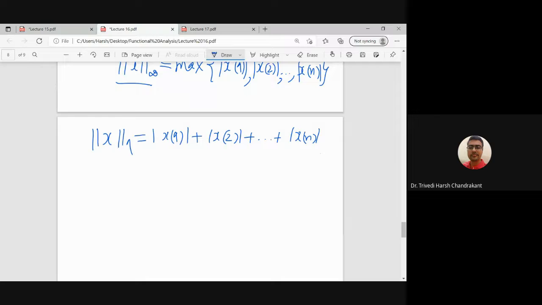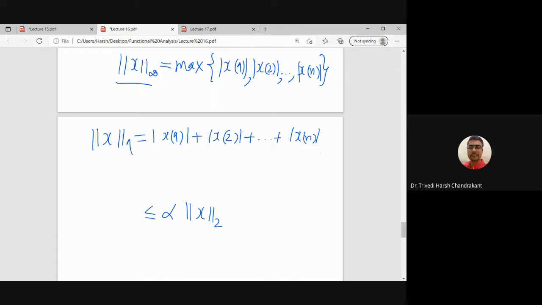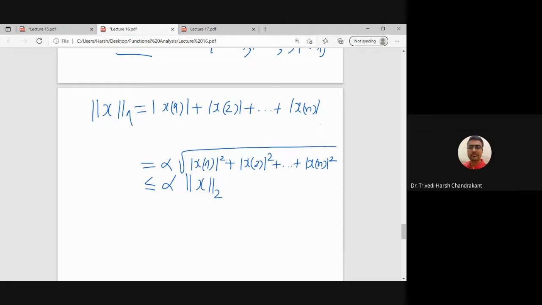The question is, can we find alpha such that this is less than or equal to alpha times the 2 norm? The 2 norm is basically the square root of modulus of the first coordinate square plus the second coordinate modulus square up to the nth coordinate modulus square. So can we find some alpha so that this number is less than or equal to the square root of this number?